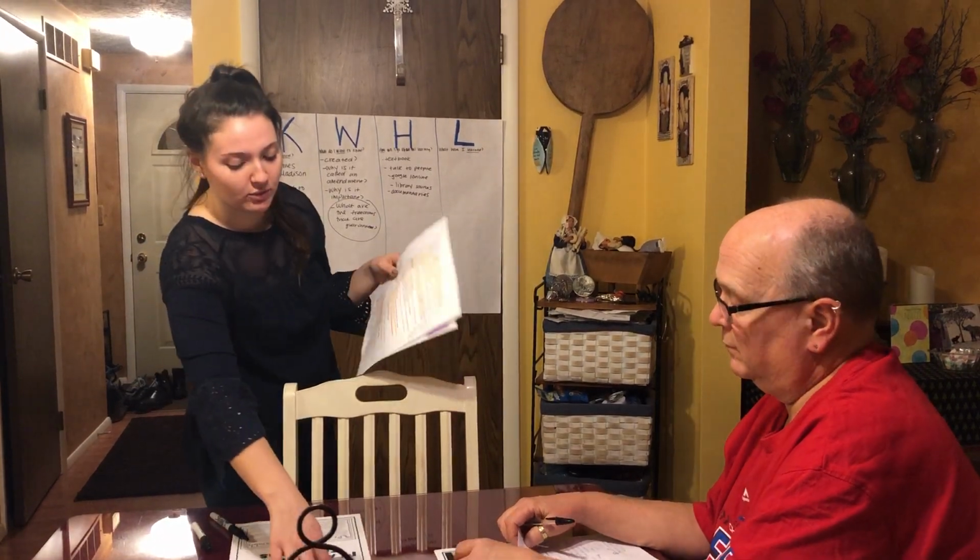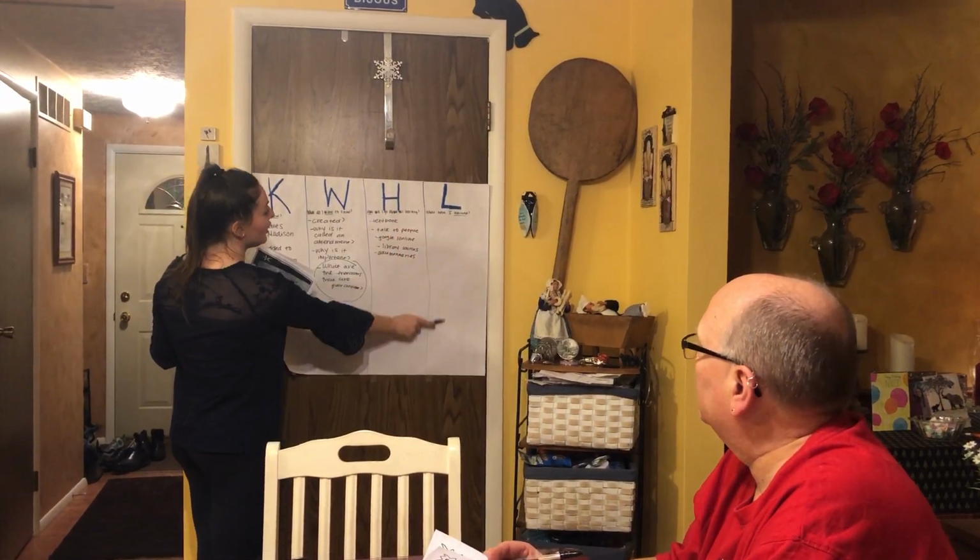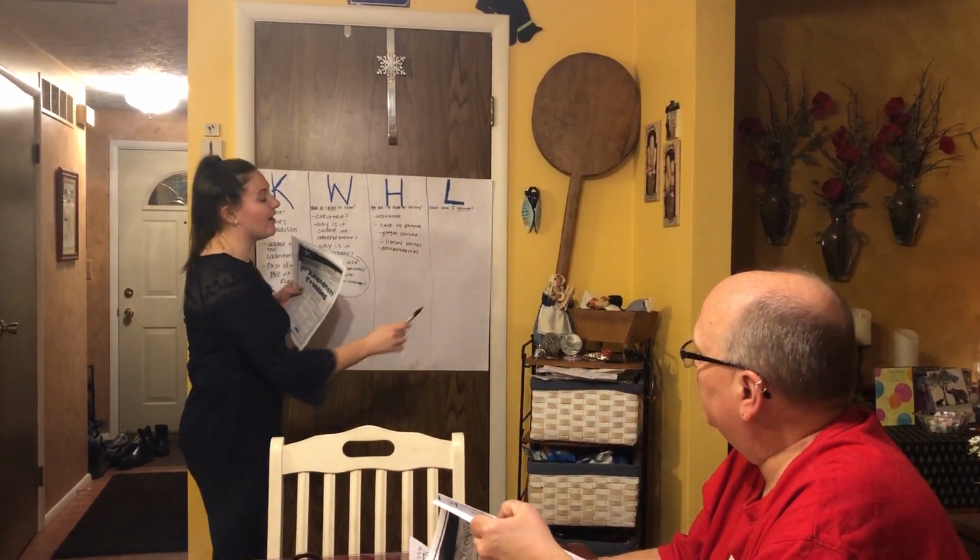So, what we are going to be doing today is we are going to be reading the book called The First Amendment Freedoms. So, we are going to read through it together, and then I'll read a few pages with you, and then after we read the first few pages, then you'll finish on your own, and then if you look at the L column, you are going to be filling out the What Have I Learned column after we read.